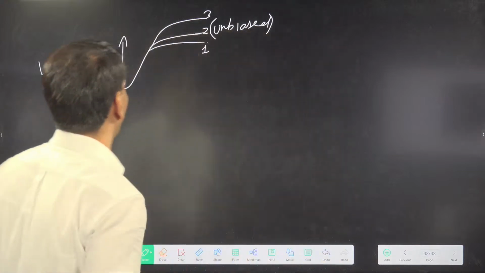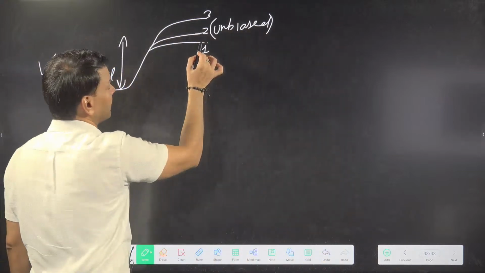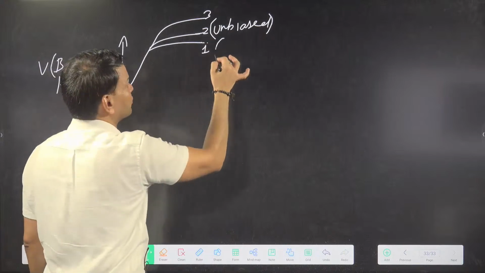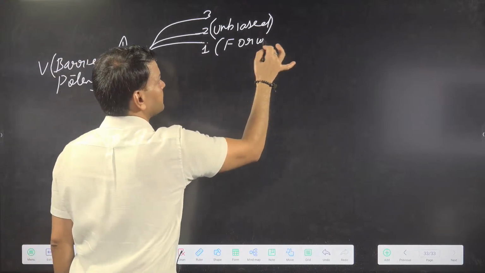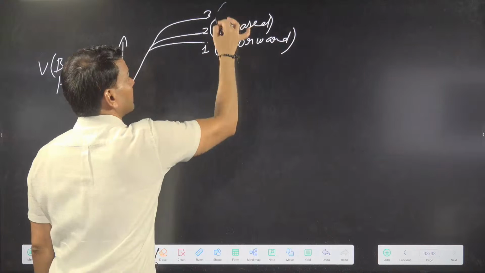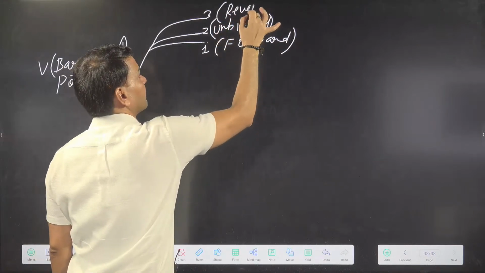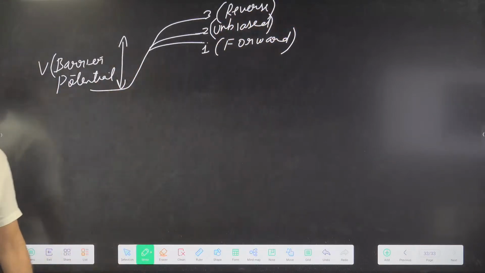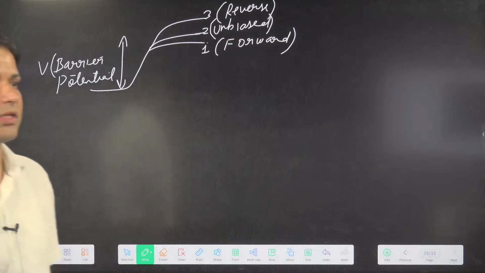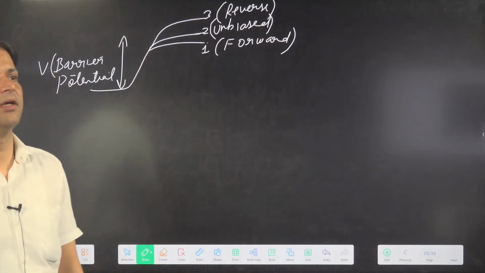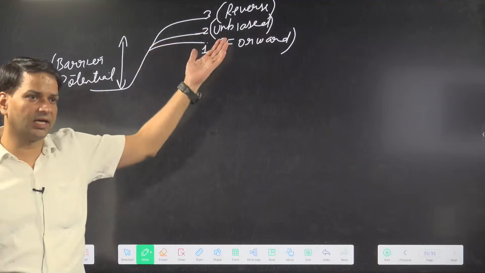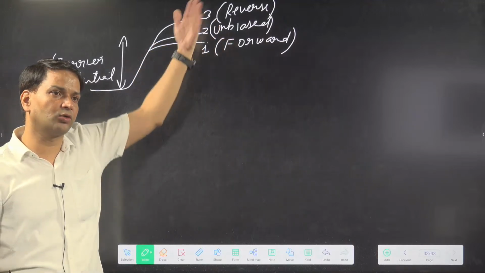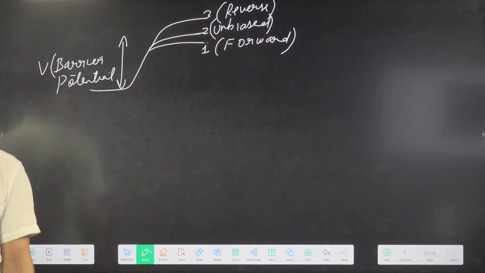One is the forward biasing. Why? Because here the barrier potential is lesser than the unbiased. So this will be the forward biasing and this will be the reverse. Why? The barrier potential is more than the unbiased. So the first one will be the forward, the third one will be the reverse, the second one is the unbiased. If the second one is the unbiased, then 1 will be the forward, 3 will be the reverse. Okay.